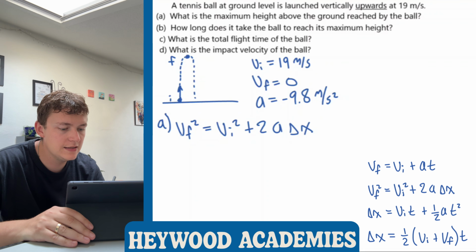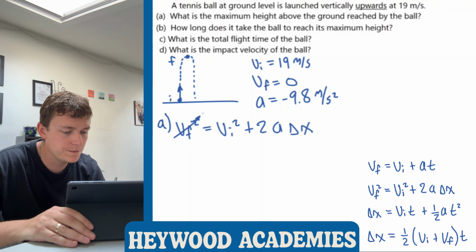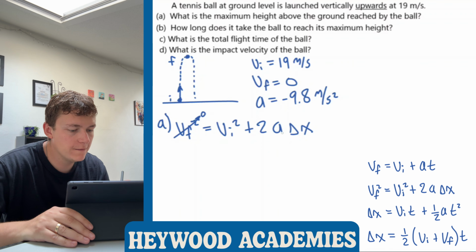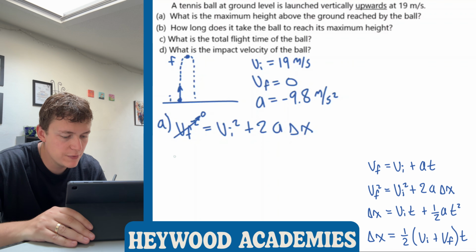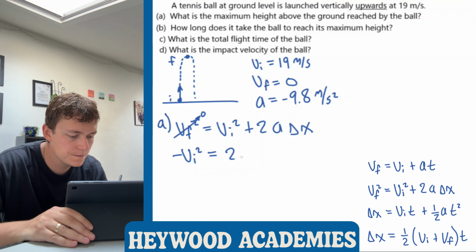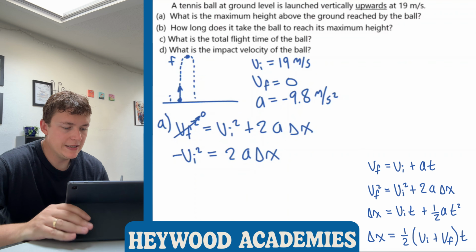Then our final is 0, so 0 squared is still 0, so we can replace that with a 0. And now we're solving for delta x. So we can bring that minus vi squared over to the other side, and then divide by 2a.